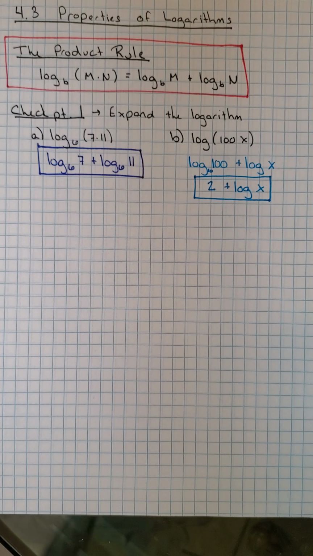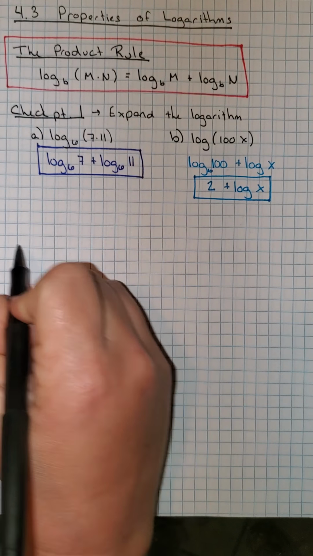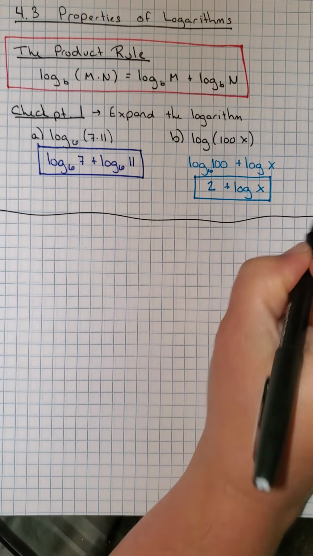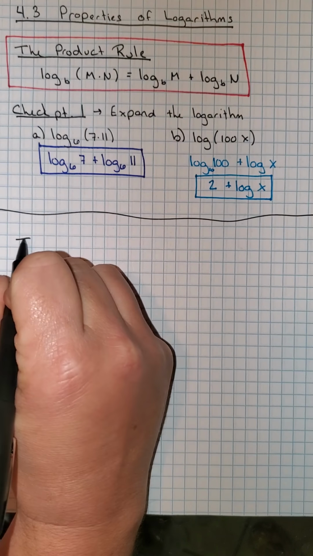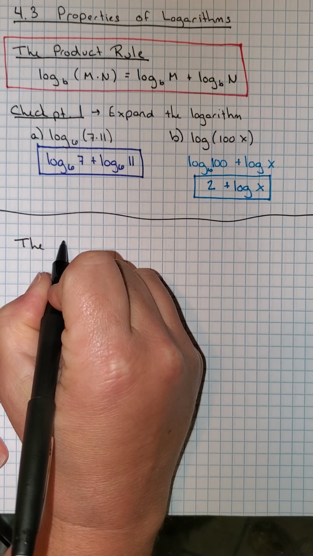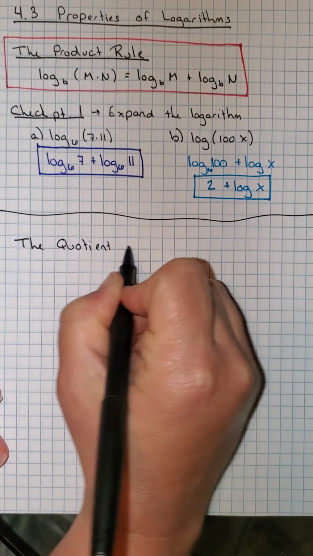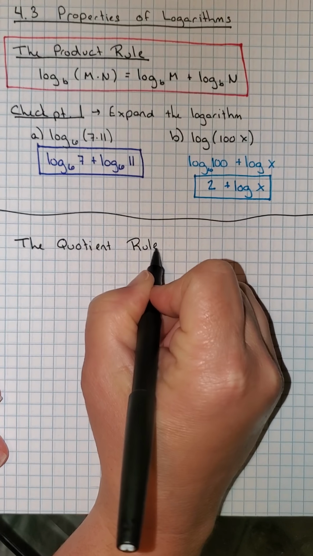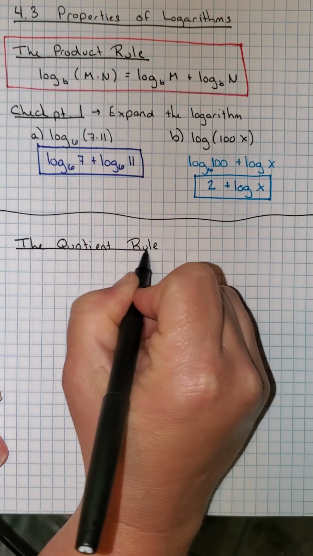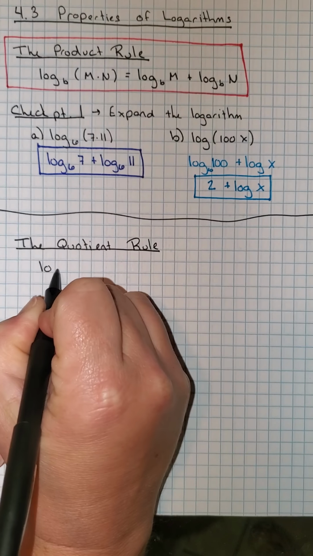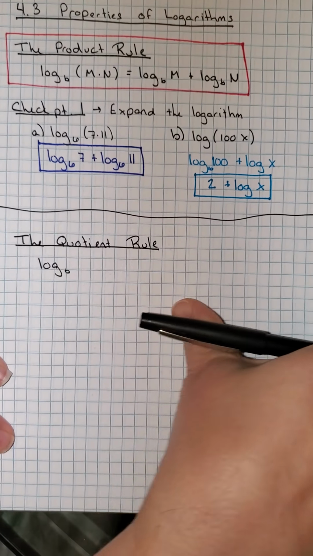And then the quotient rule goes right along with it. Quotient rule, we just have division, so that will turn into subtraction. They go together. So the log of 2 things being divided.